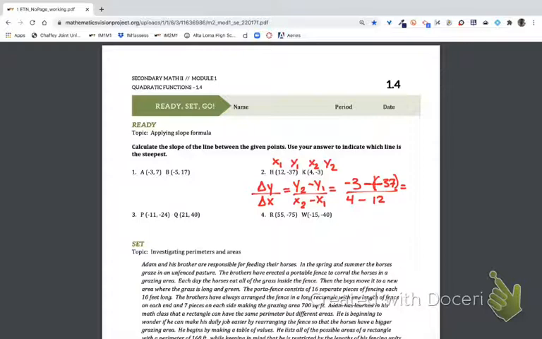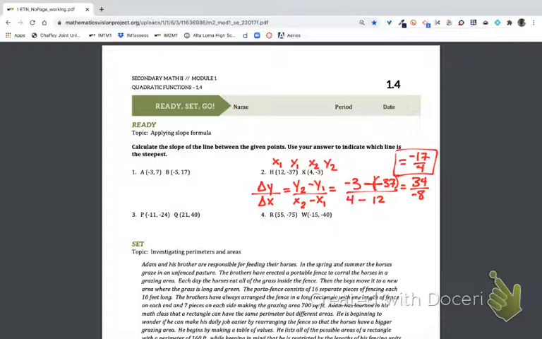So -3 plus 37 gives me 34. 4 minus 12 gets me -8. I would love it if you reduced that down, simplified it. We recognize that we can divide both of those by 2, and so we would have -17 over 4 as your slope.